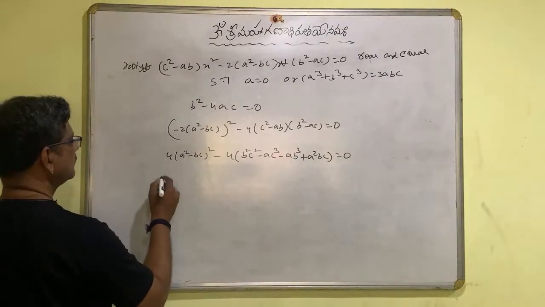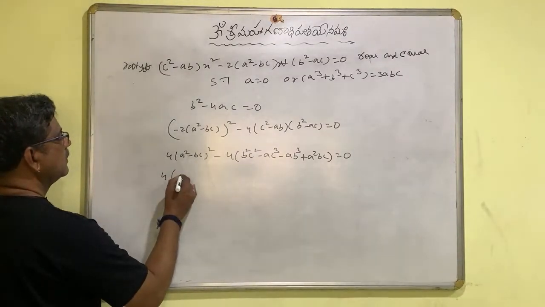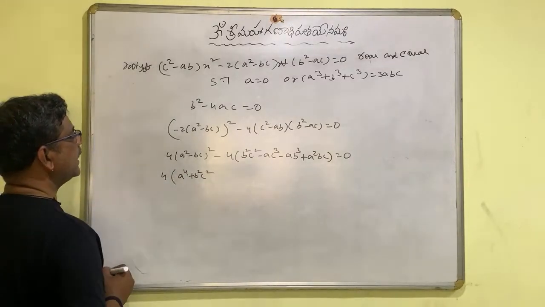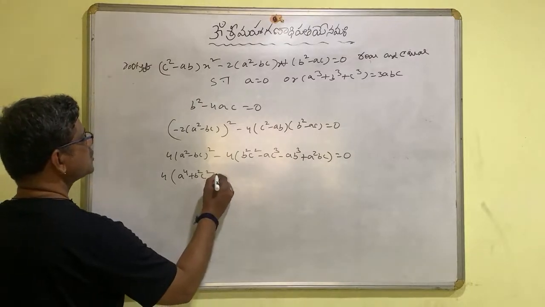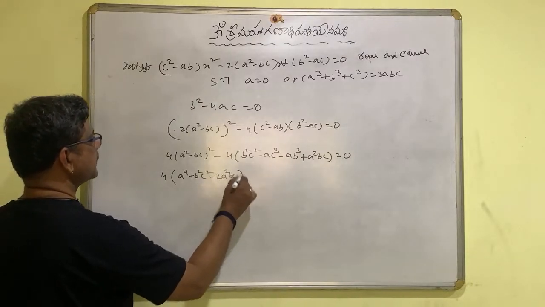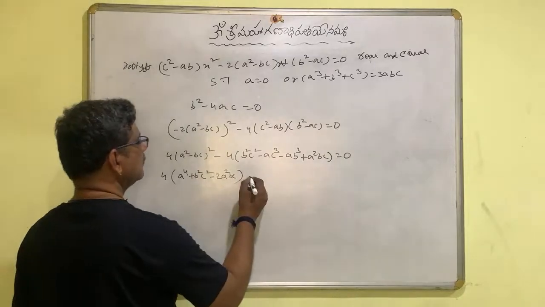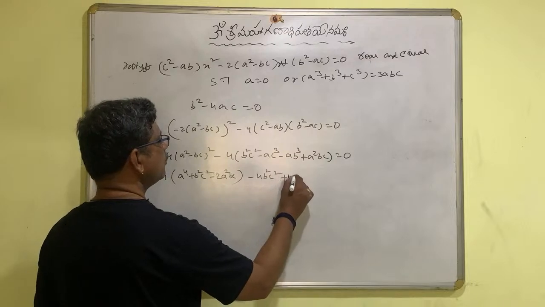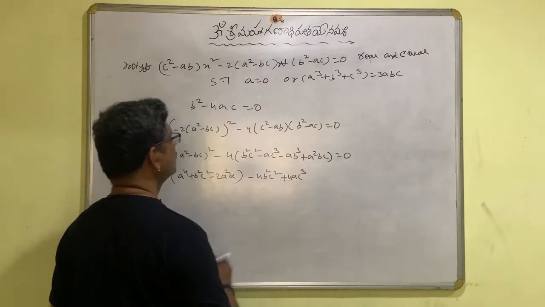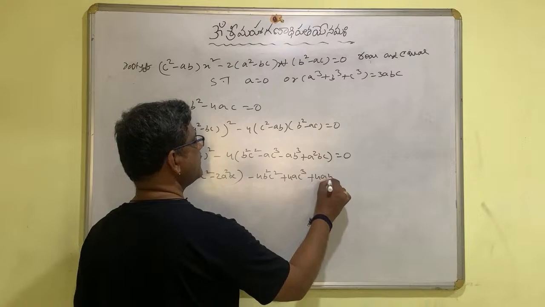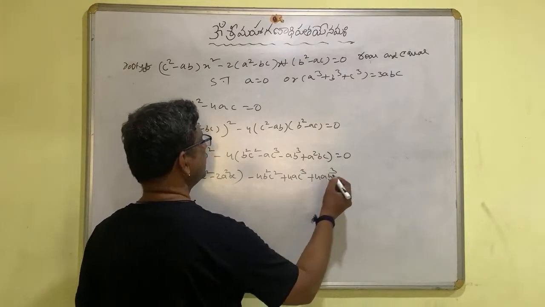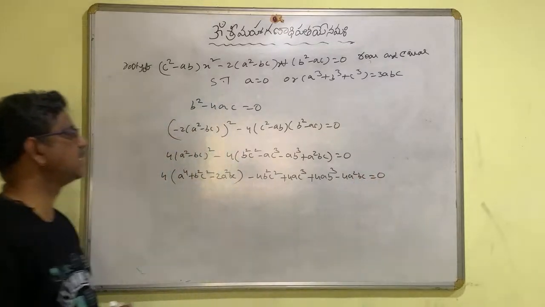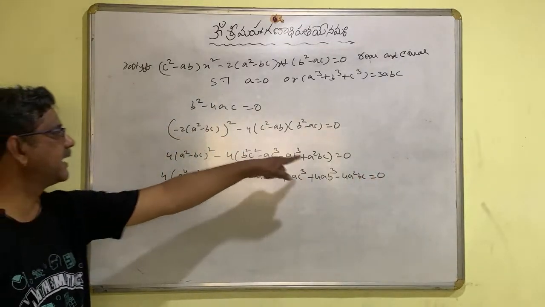Now, a power 4 plus b square c square minus 2a square bc minus 4b square c square plus 4a c cube plus 4a b cube minus 4a square bc is equal to 0. Multiplying with negative 4.